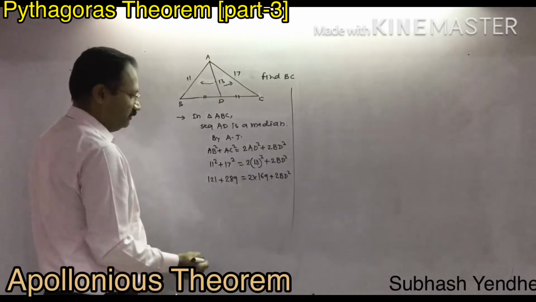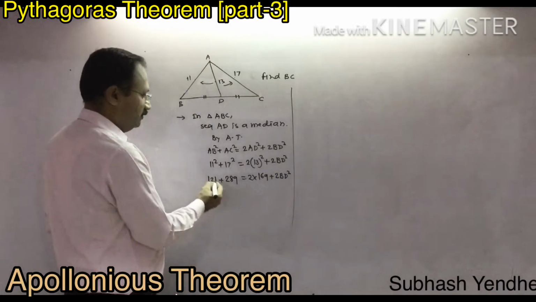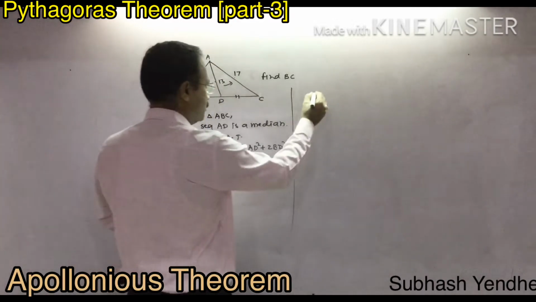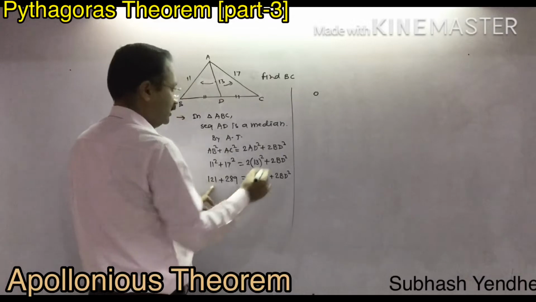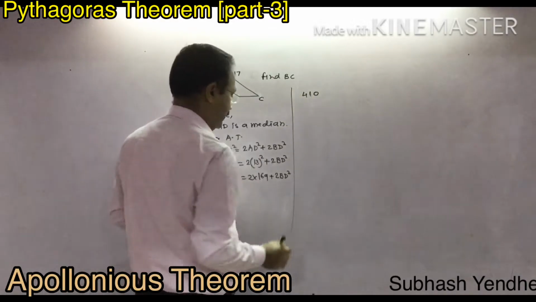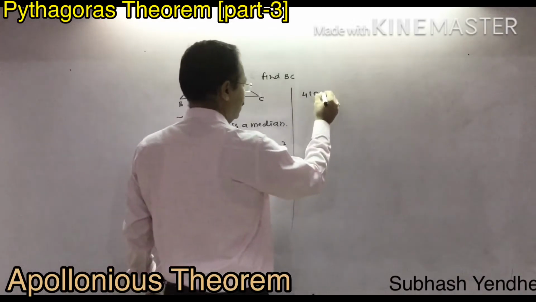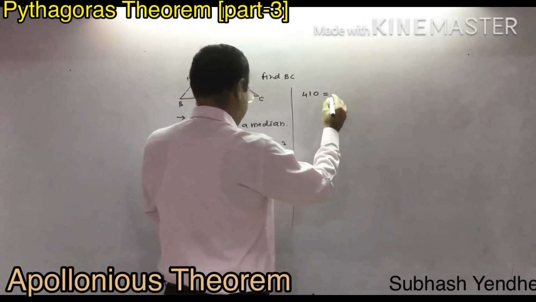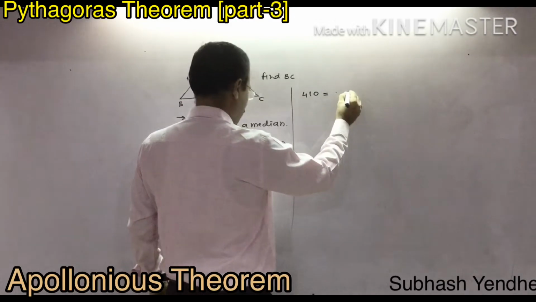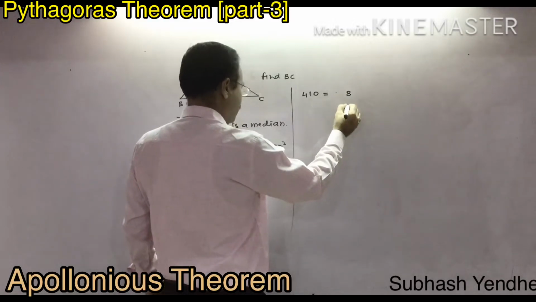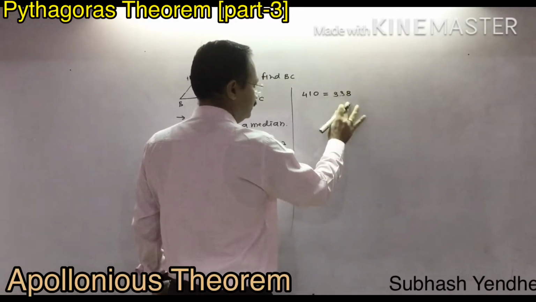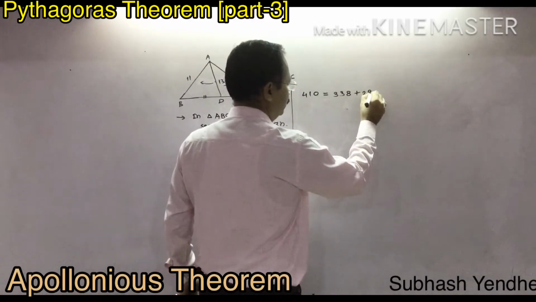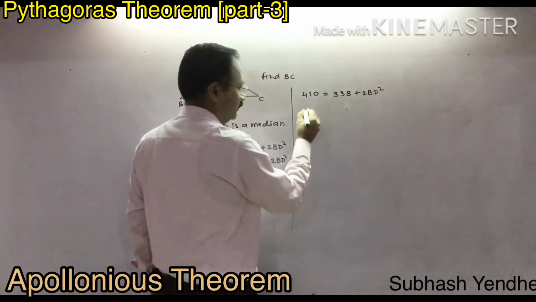Okay, so if we add these two, you will get 410, and then 2 into 169 will be 338 plus 2BD square.